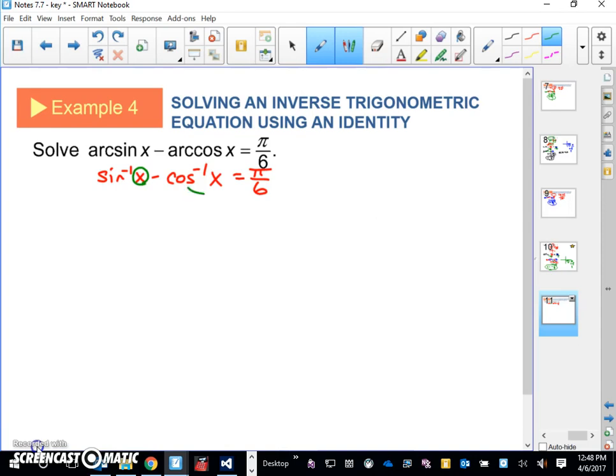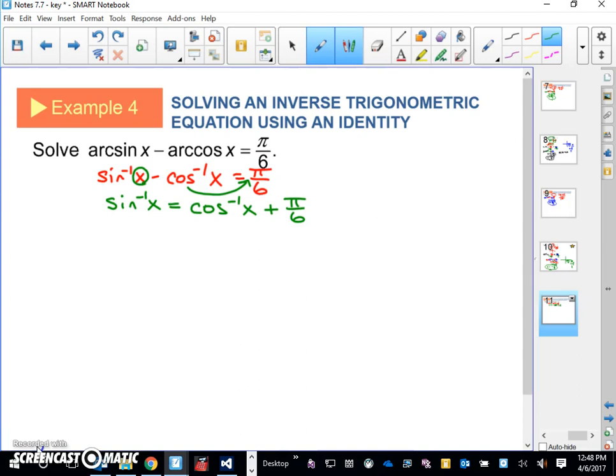What I'm going to do is add this inverse cosine x over to the other side. Okay? So if I was going to try to isolate this x, I would add the inverse cosine x over, and so I'd have inverse sine of x equals inverse cosine of x plus pi over 6.